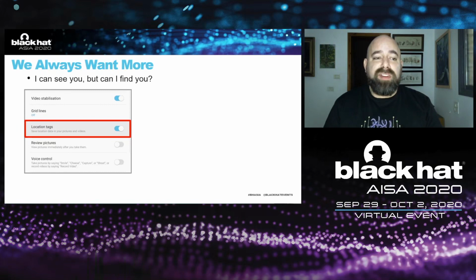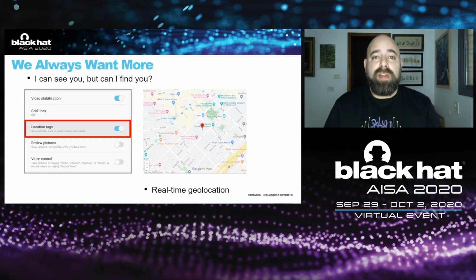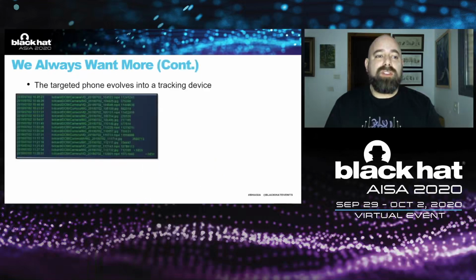I find it very, very comfortable and leave it on. But in this case, it gave us a lot of information, since we managed to get the pictures and the videos from the storage of the victim. Now we could also use the metadata inside to find the location. And if we take a picture every now and then we have actual real-time geolocation.